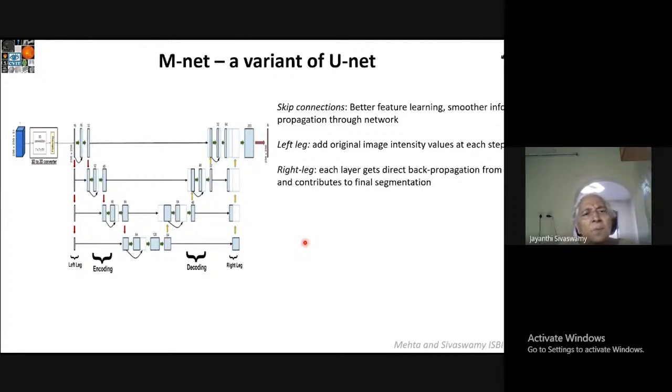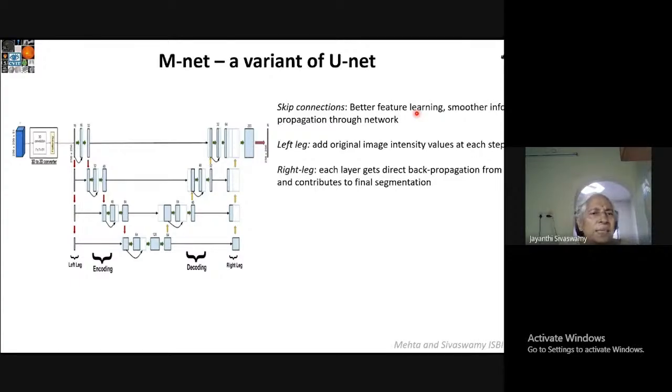Now, what changes have we made? The UNet, as before, has all these skip connections, but we also introduced skip connections here. That is because we found that feature learning is better and information propagation is smoother when you do skip connection at this level. Then we introduced 2 legs, one left leg and one right leg.